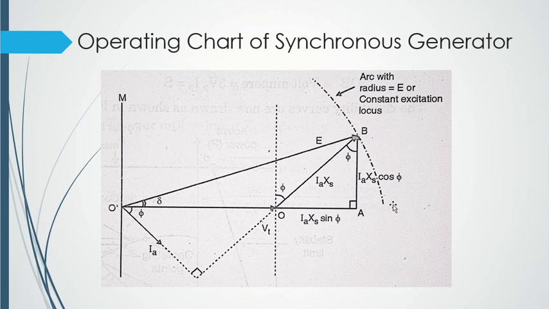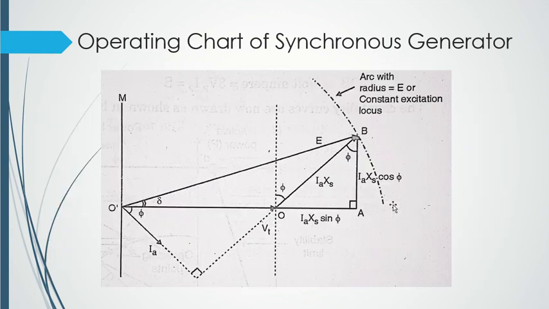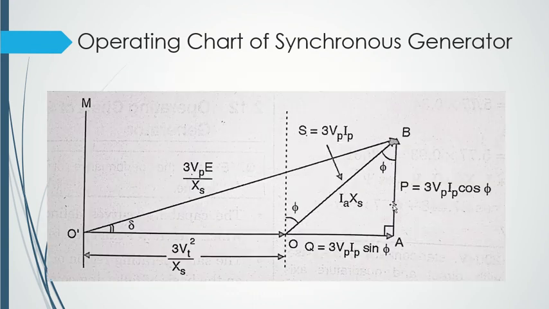So now let's do something interesting. Now multiply each quantity with 3 Vp divided by Xs. All the quantities you have seen here, let's multiply them by 3V divided by Xs. So what is V here? V is again the supply voltage to the load.